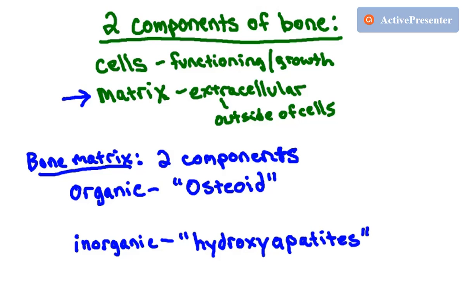It's a long word just to say it's the inorganic part of the bone matrix, hydroxyapatites. So an osteoid, the organic part, is made up of ground substance, and you'll remember ground substance a little bit from the histology video on just general tissues.